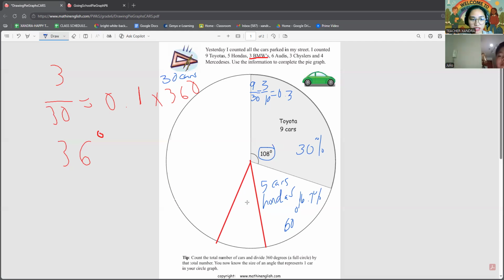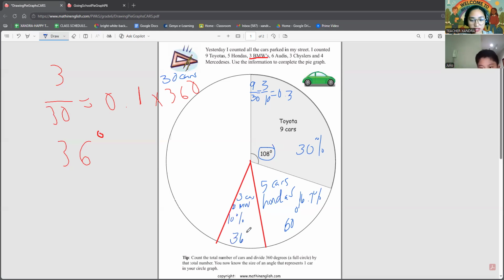Okay, so this is 36 degrees. So we are going to write down 3 cars for BMW. And this is 10% and 36 degrees.